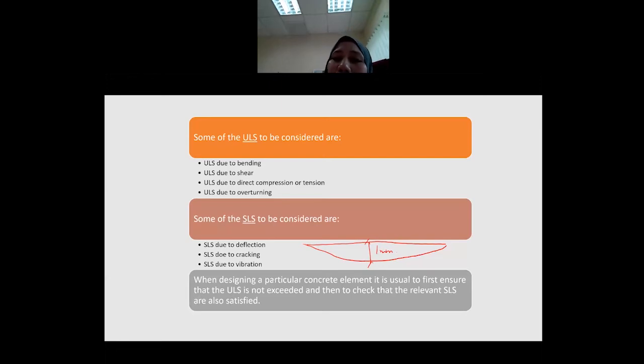When designing a particular concrete element, it is usual to first ensure that the ULS is not exceeded, then to check that the relevant SLS is also satisfied. Normally when the ULS is satisfied, the SLS will be satisfied also, because ULS is more critical compared to SLS.